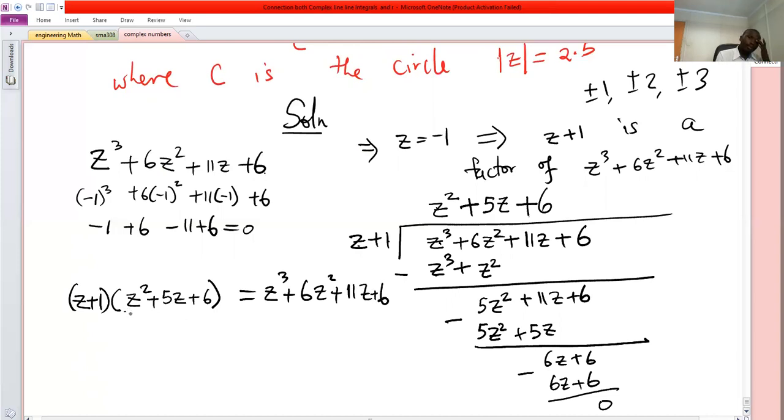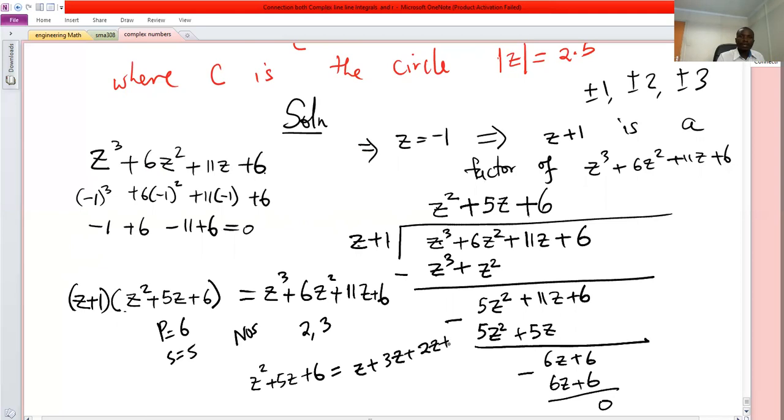So I need to also factorize this. This one I use just factorization of a quadratic. Product is 6, sum is 5. So the numbers will be 2 and 3. So therefore z² + 5z + 6 can be written as z² + 3z + 2z + 6.